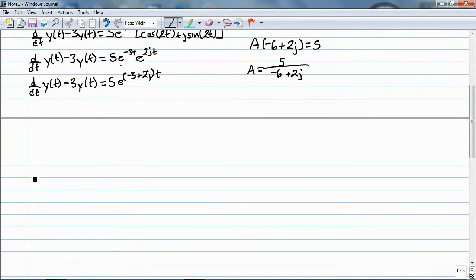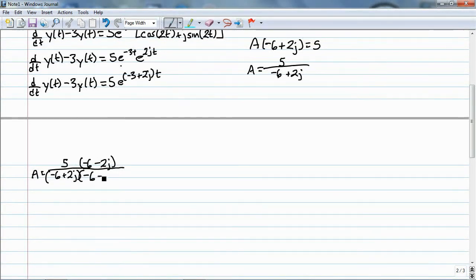So let's simplify that. Multiply by 1 using the complex conjugate. And that's just multiplying top and bottom by the same number.